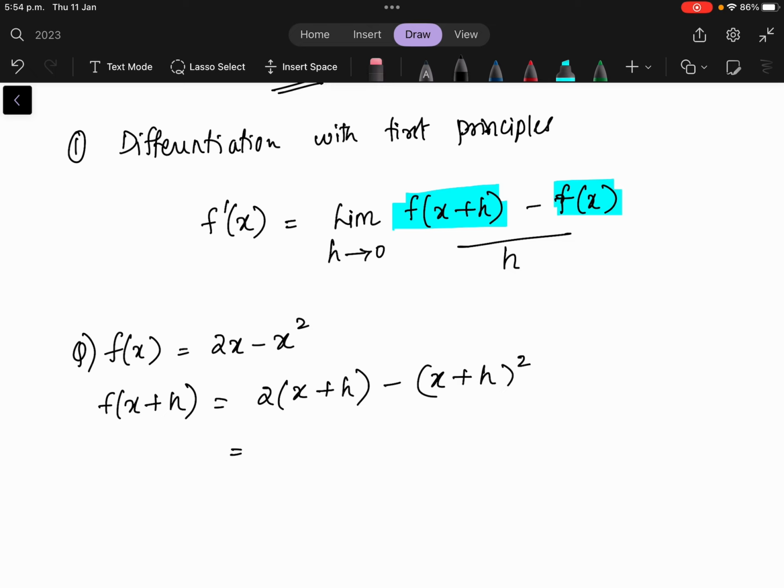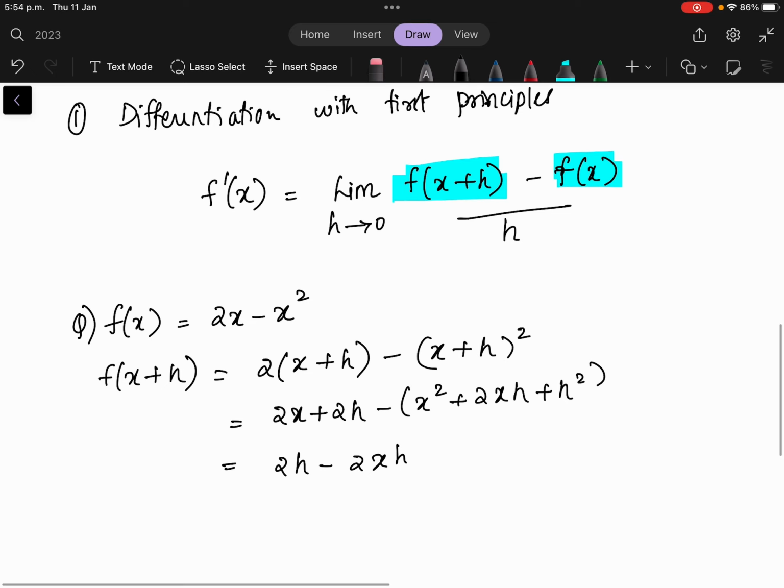So it will come like this: 2x plus 2h minus x square plus 2xh plus h square, and then when you simplify this, what you will get is 2h minus 2xh minus h square. The x square will get cancelled off.